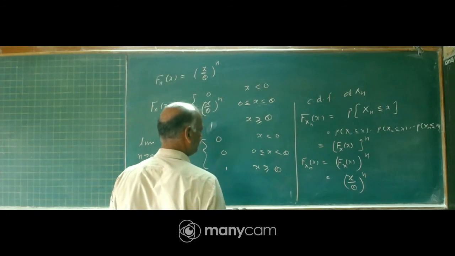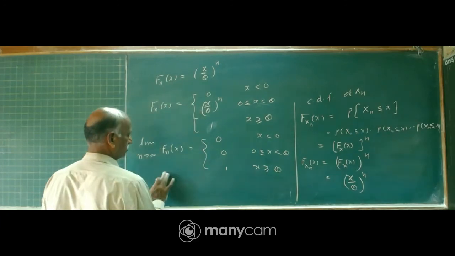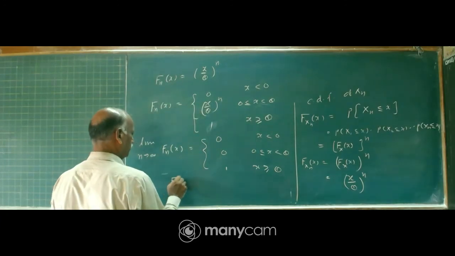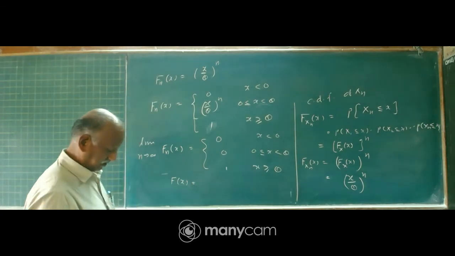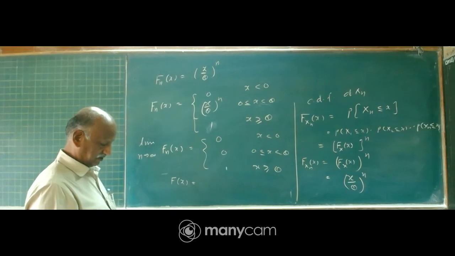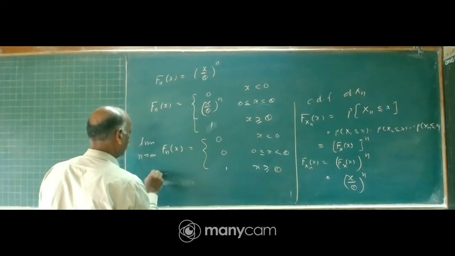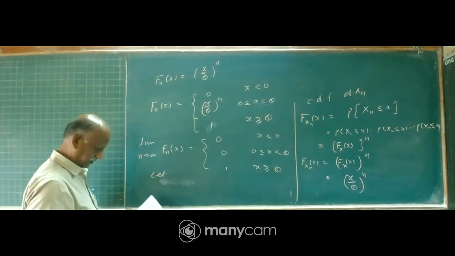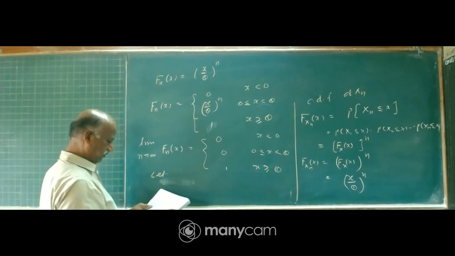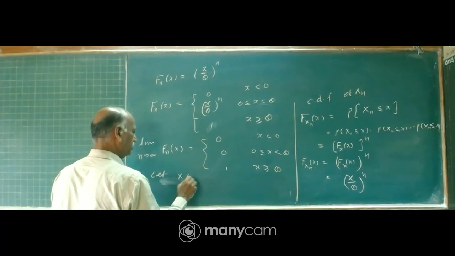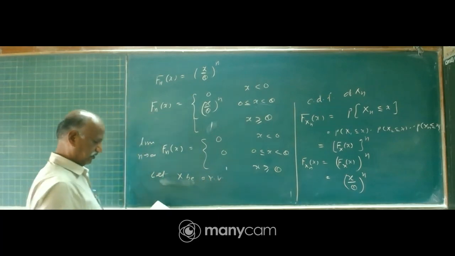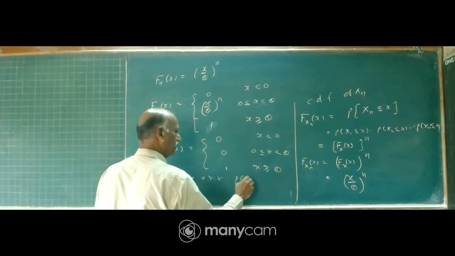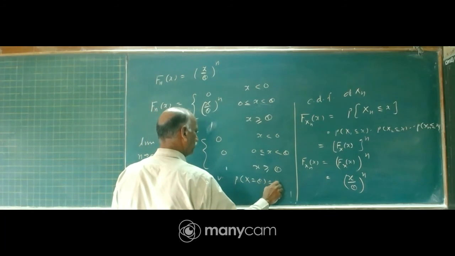So this is F_X equal to... now let X be a random variable such that X is equal to theta, theta is equal to 1 and 0.